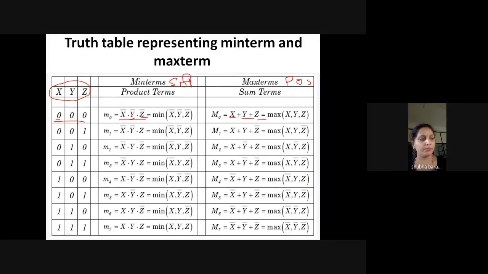समझ में आ रहा है? Understanding this? Yes? Yes or no? Yes, ma'am.